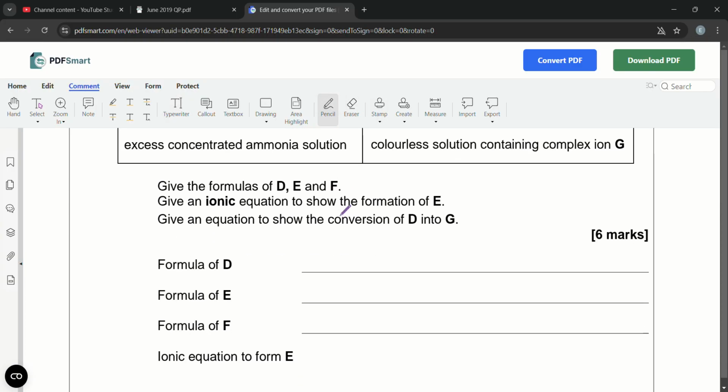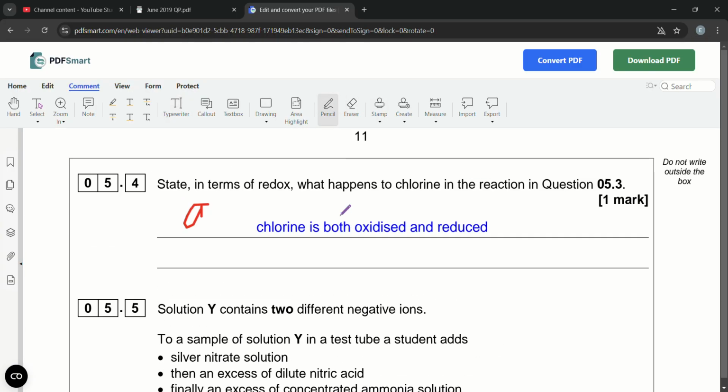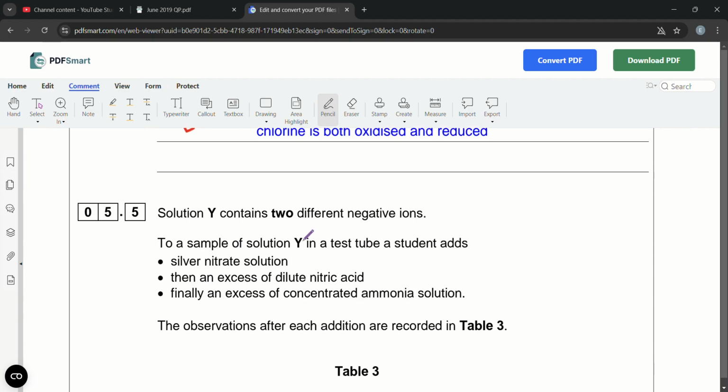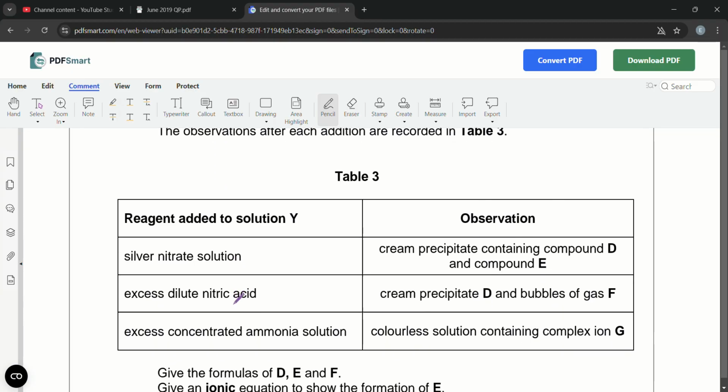And then question 5.5. Solution Y contains 2 different negative ions. Add silver nitrate solution and dilute nitric acid, and then add excess concentrated ammonia solution. Here are the observations.